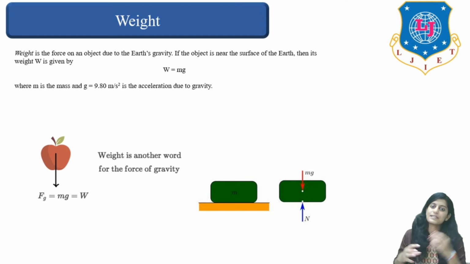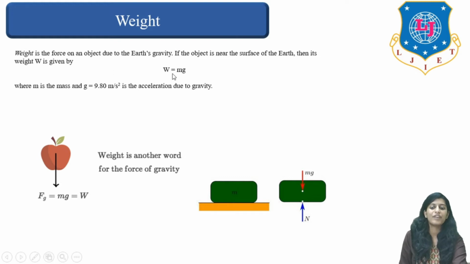There is a mass, there is a weight. Mass is a quantity, weight is a force. So weight is basically the force experienced by any object due to gravitational force or due to Earth's gravity, right?